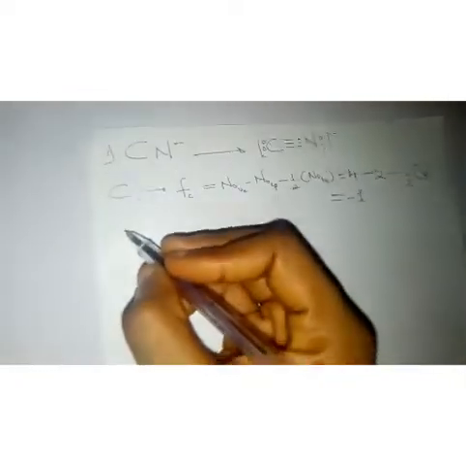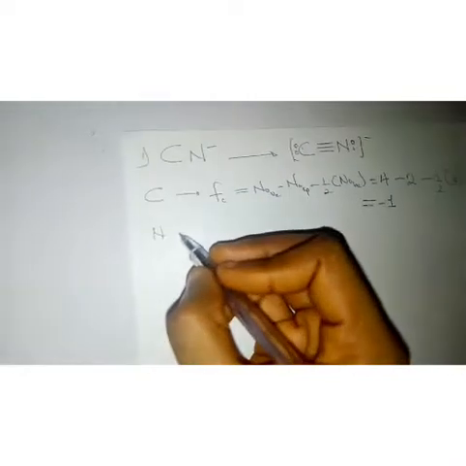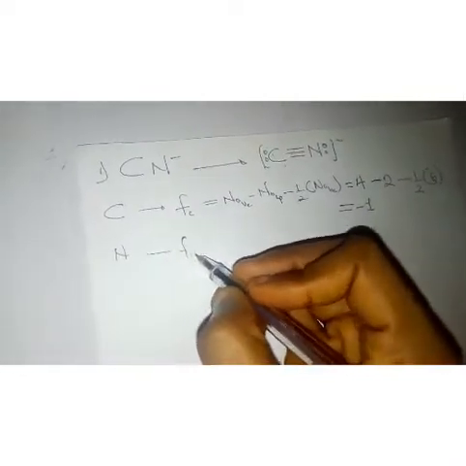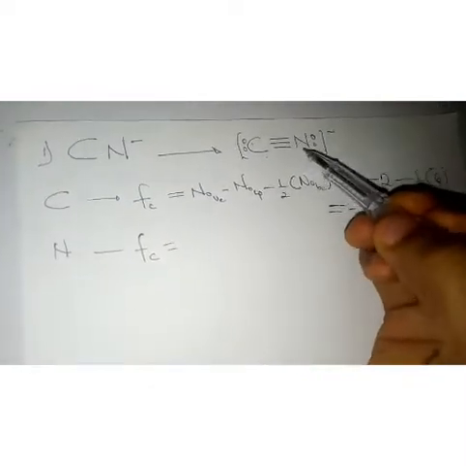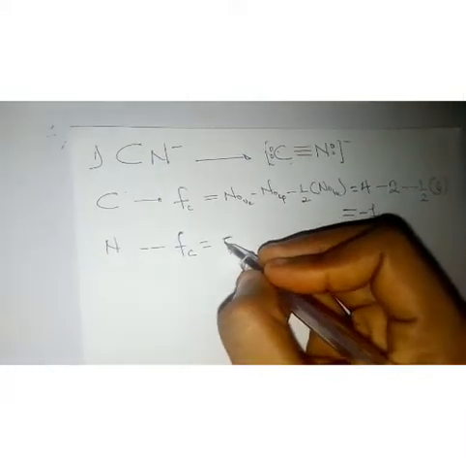Now the formal charge for nitrogen. So let's go straight to the formula and put it in the figure. Nitrogen has 5 valence electrons because it's in group 5.